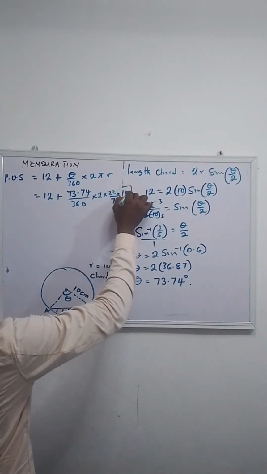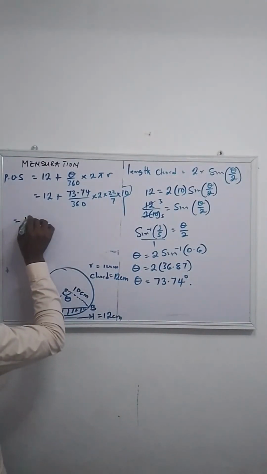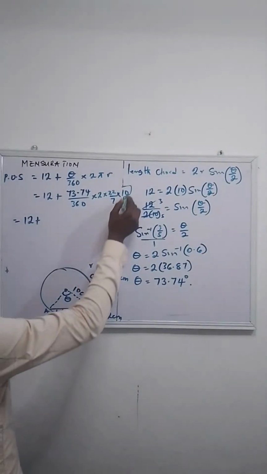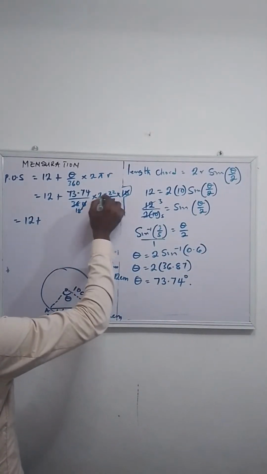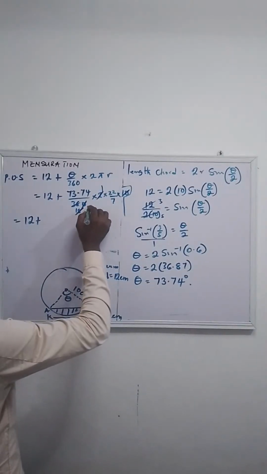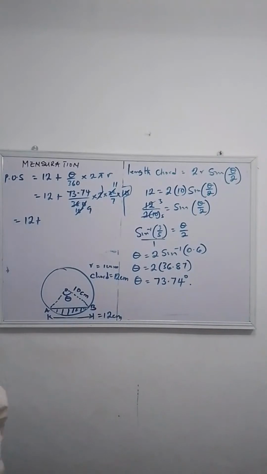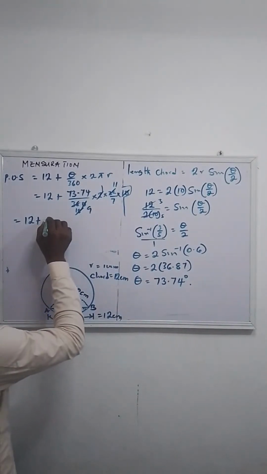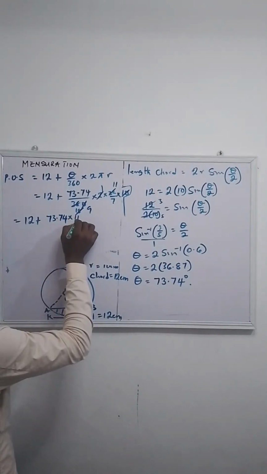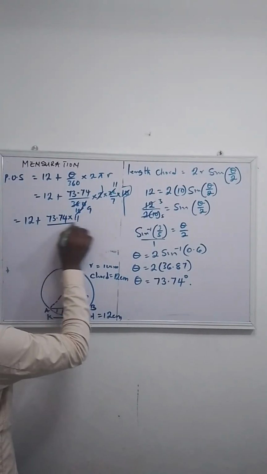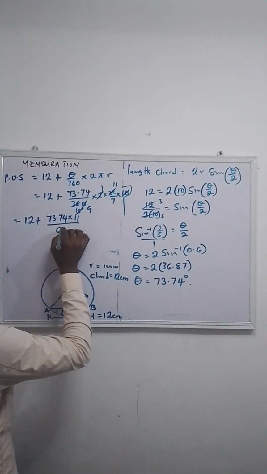All right, so that gives us 12 plus, now let's simplify. 10 cancels this. 2 goes there 18, 2 goes there 1, 2 goes there 9, 2 goes there 11. So what we have now is 73.74 times 11, all over 9 times 7, that's 63.